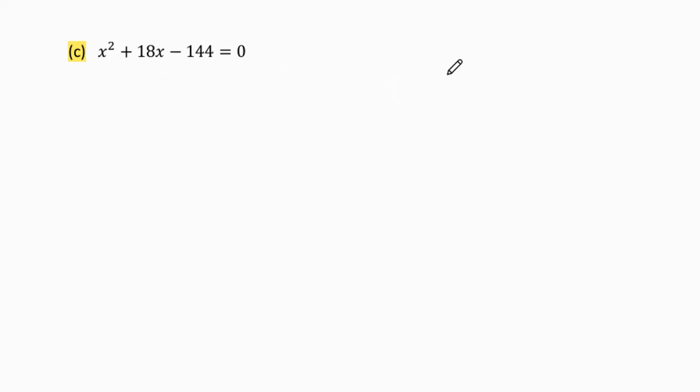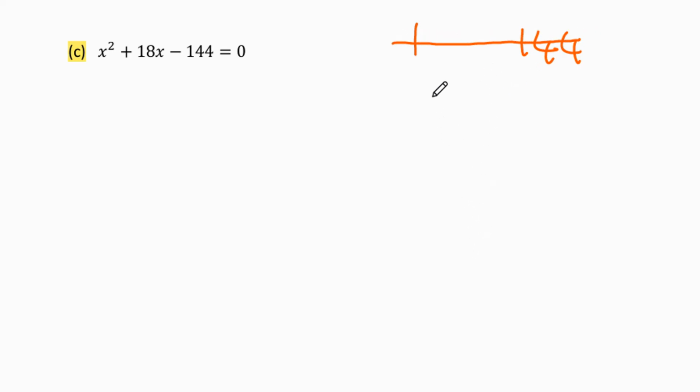So let's start by listing the factors of the constant. So it's 1 and 144, because 1 times 144 will give us 144. Now, 1 and 144 can never give us positive 18, whether we add them or subtract them. So this won't work.